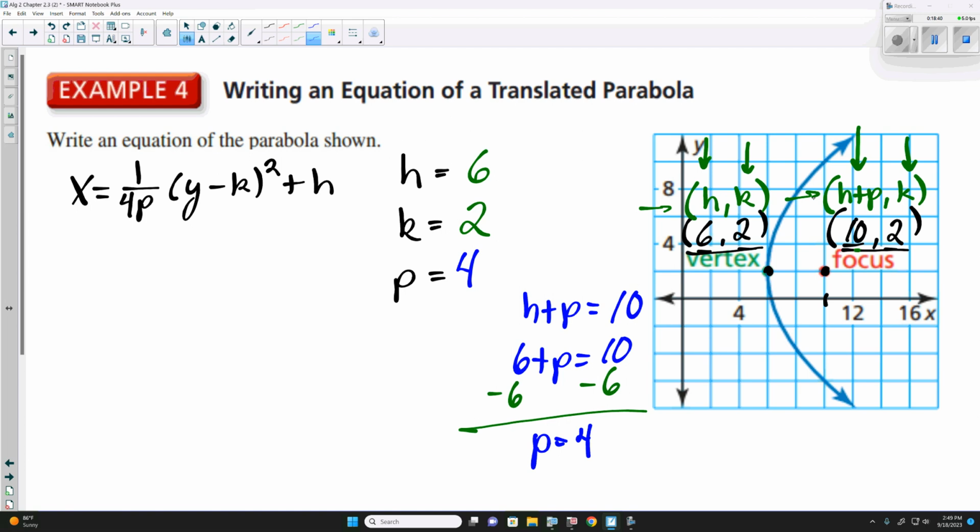Do we see this here? Because with 2.3, no matter if we're going from the equation to the information, vertex, focus, directrix, axis of symmetry, or given the vertex and the focus and going back to the equation, if we continue to do this and match it up, we're going to be able to find these.